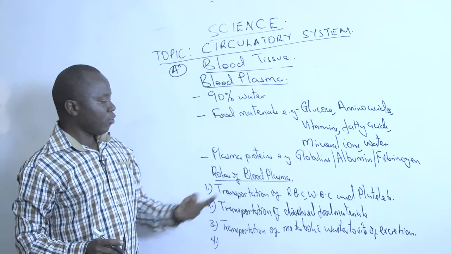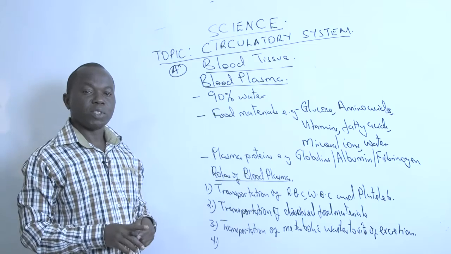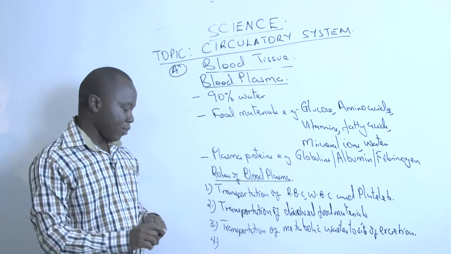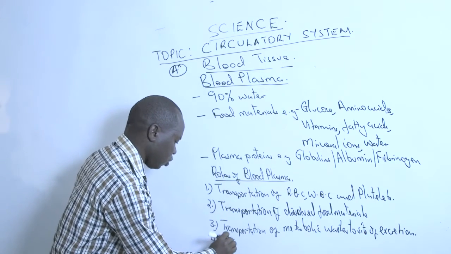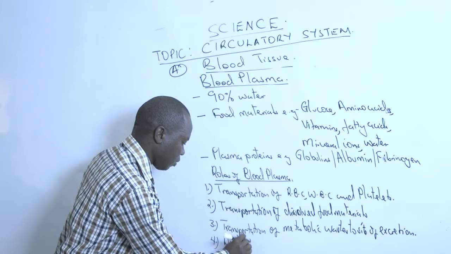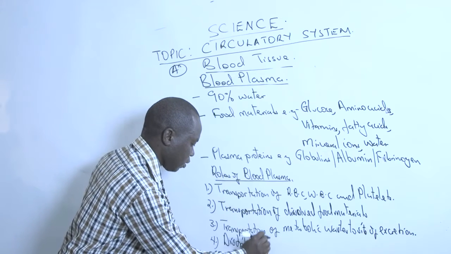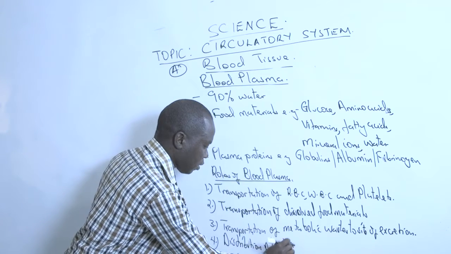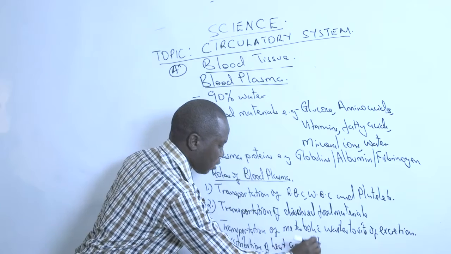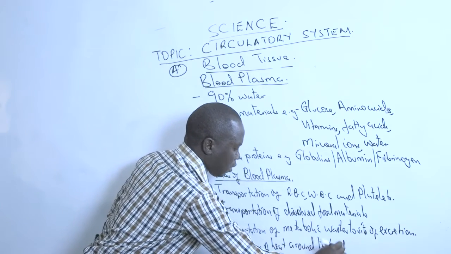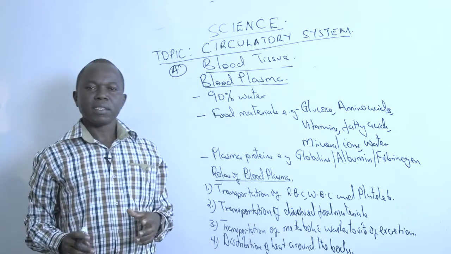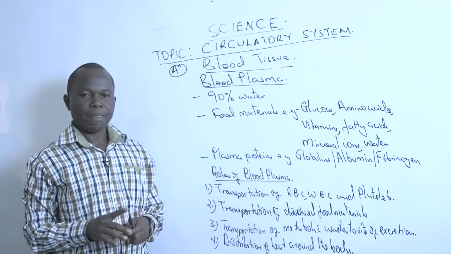Again, another role of blood plasma is distribution of heat around the body. We have some organs in the body like the liver.